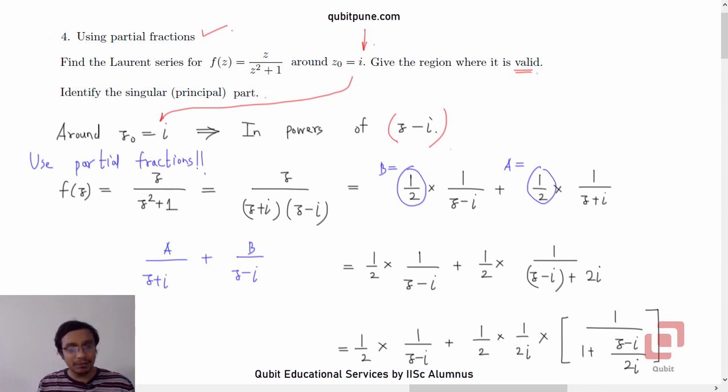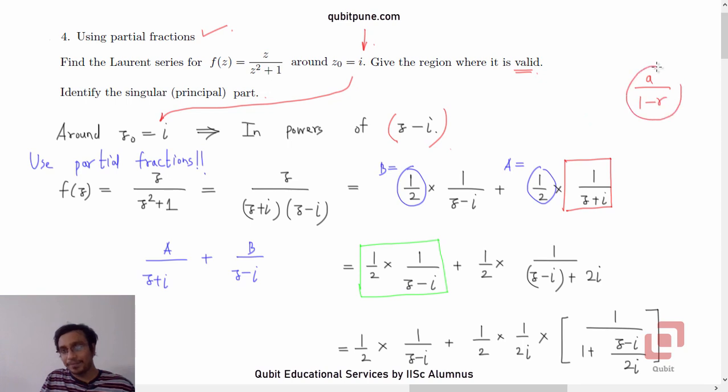Now because the center that we want is z minus i, we should not touch this particular part, okay, because it already has the negative first power of z minus i. Okay, what we should now look for is this particular term 1 upon z plus i, and this very much looks like the term a upon 1 minus r, isn't it?